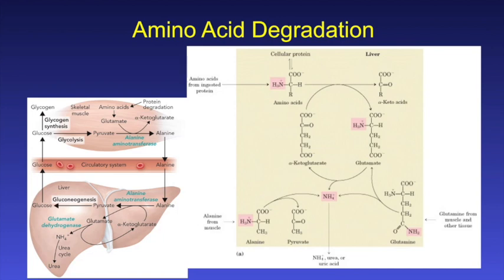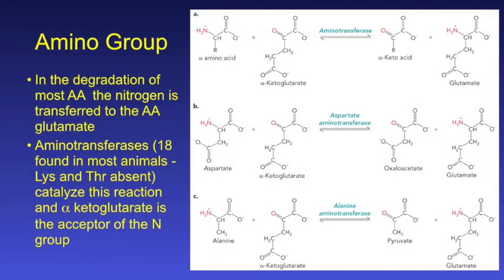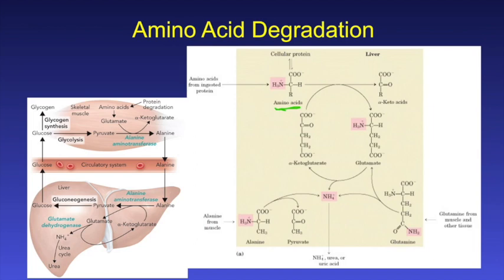All right. Here is where the big thing happens in the first step, where we transfer everything and end up making glutamate first and then into glutamine. When we start the degradative process, we start off with an amino acid. We will then use an enzyme called a transaminase. You'll see that in just a little bit. What the transaminase does, it uses an alpha keto acid, most of the time alpha ketoglutarate.